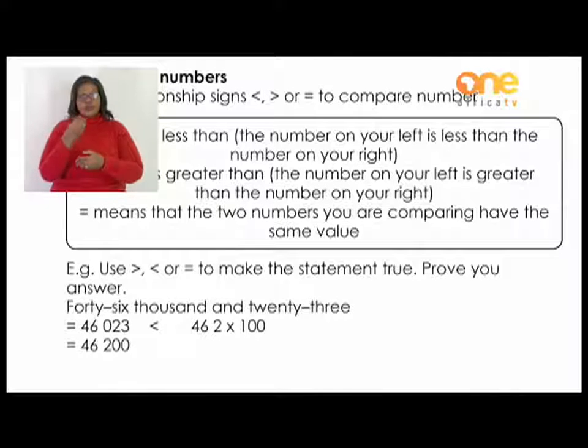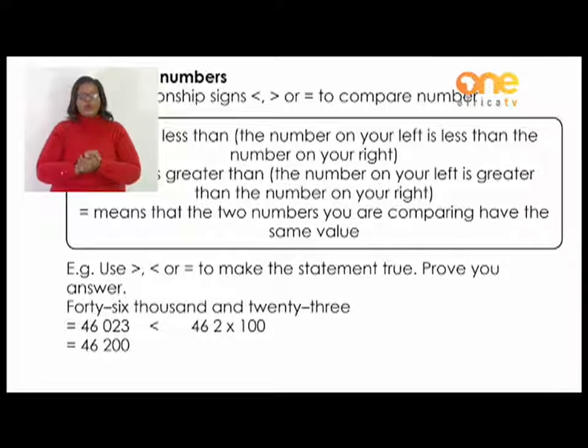Maybe we can just correct that one. Looking in the box, what is written there, the sign which is opening to the right, it means less than. The one which is opening to the left, it is greater than. And the equal to is already known by most of you learners.